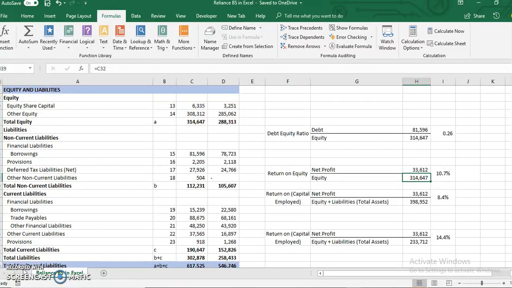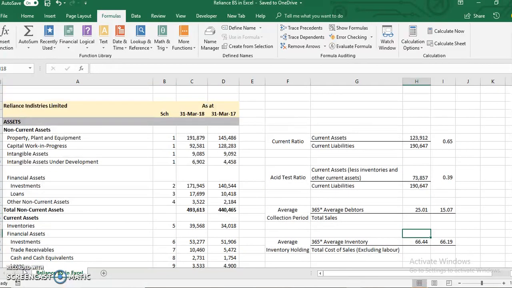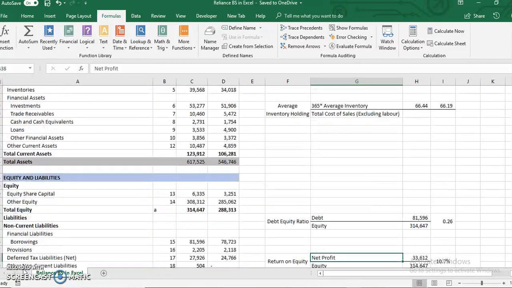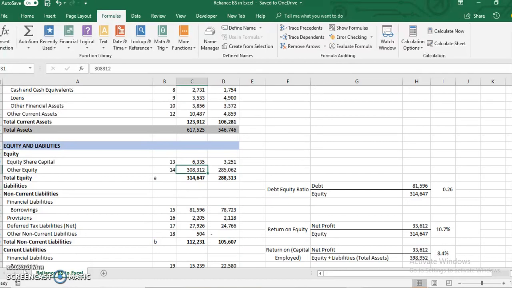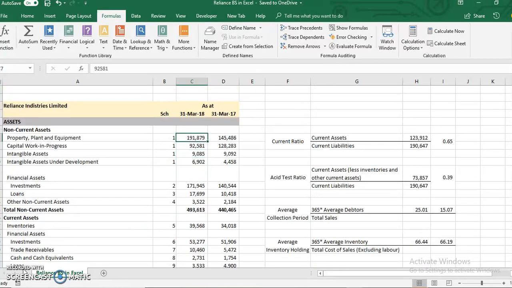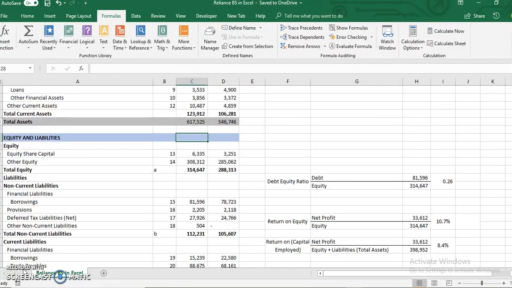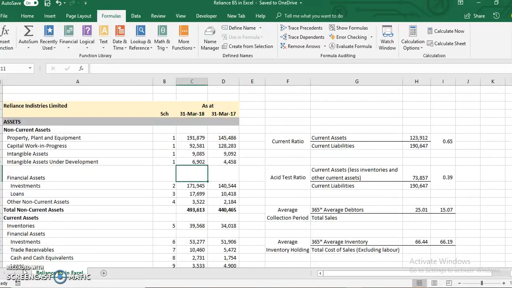Now if you see in the balance sheet, the whole equity is 314,000, while the operating plant and machinery is only 191. So out of 300, 190 is gone.